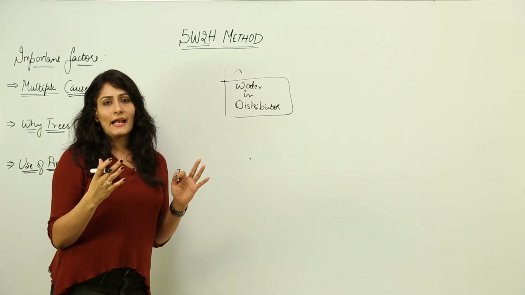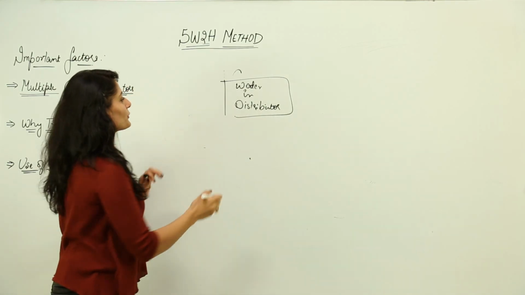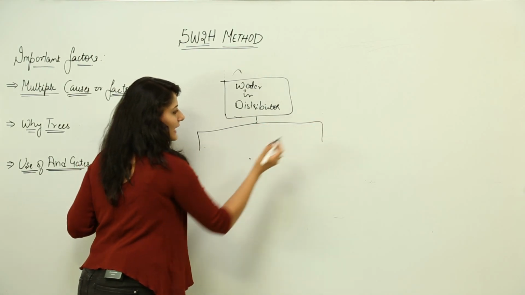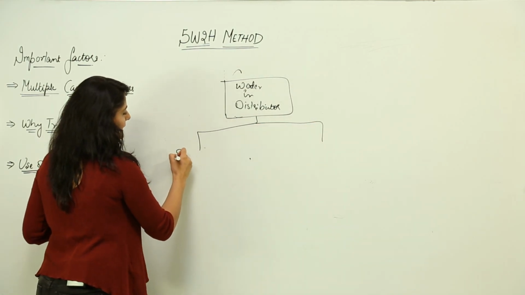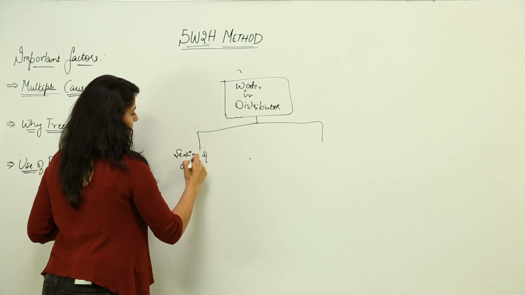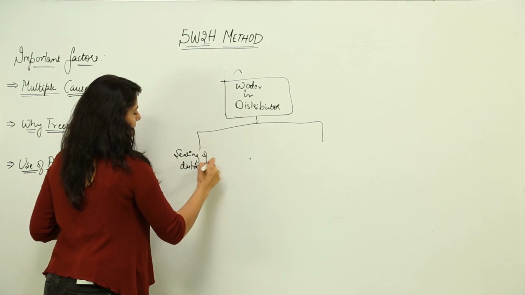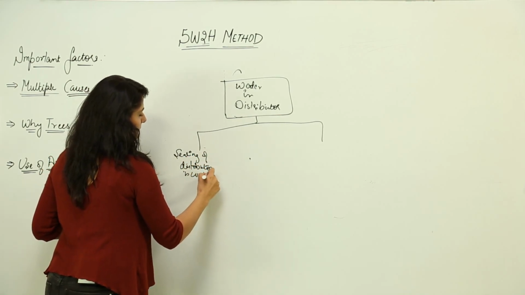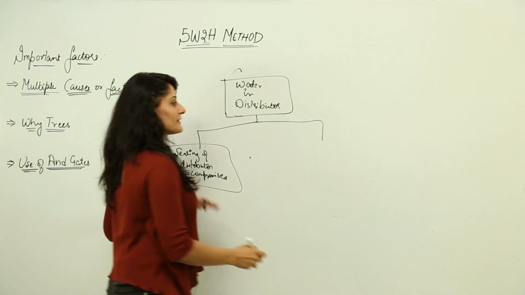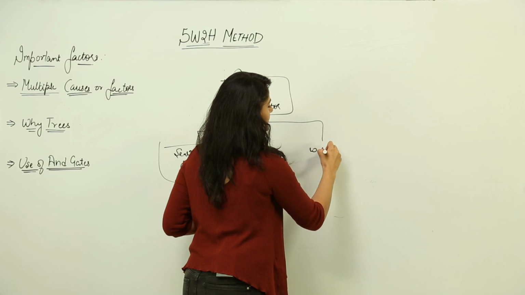Now water in distributor can only be if these two happen together, that is the sealing of the distributor is compromised, right, plus there is water over the distributor.